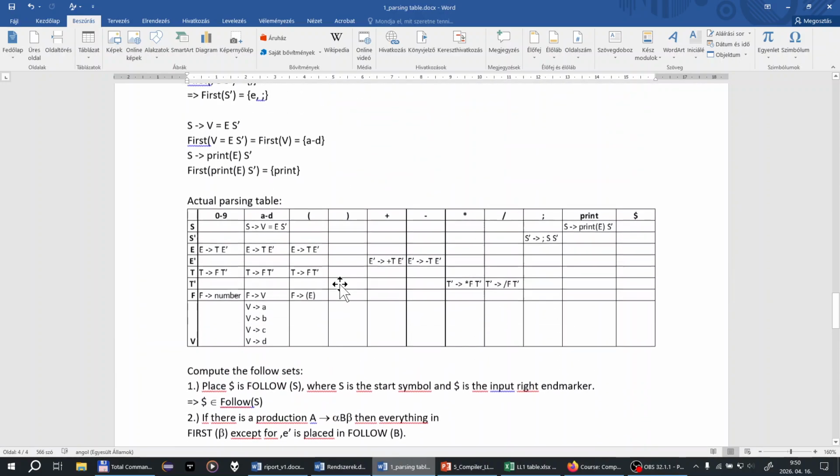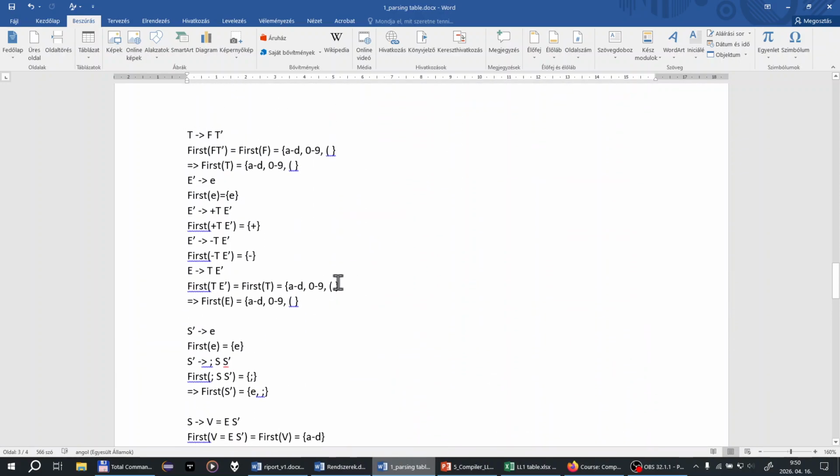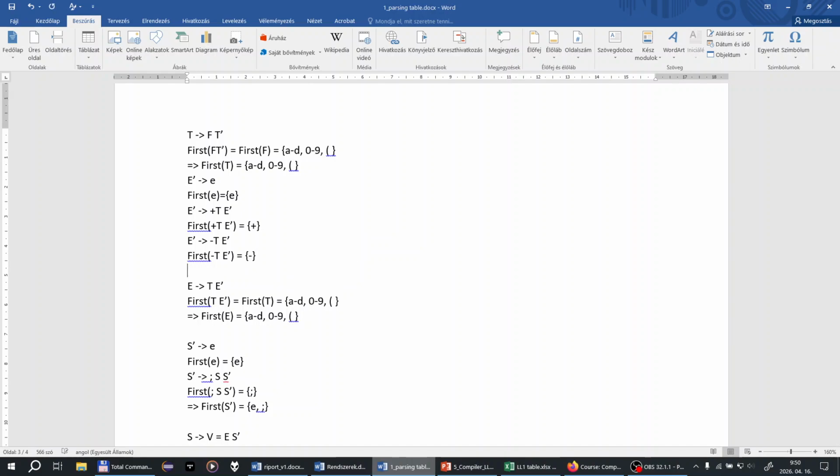First E prime contains plus, minus, and epsilon.